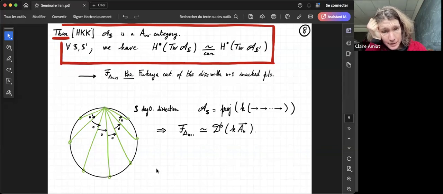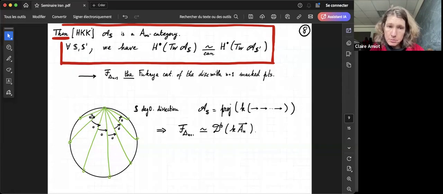And this will imply that in this case it's a usual category. In my example it has 7 objects and just morphisms from left to right that compose. So it's just the category of indecomposable projectives over the AN quiver. So as a corollary, this Fukaya category is triangle equivalent to the bounded derived category of the AN quiver.